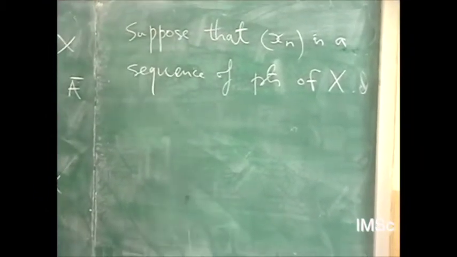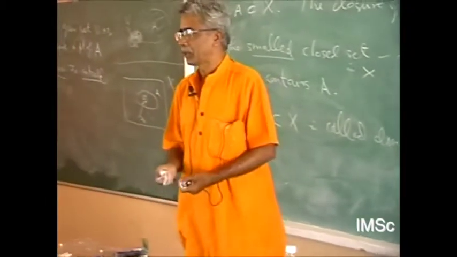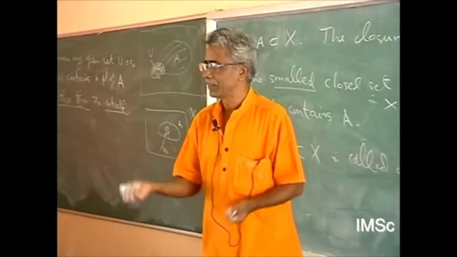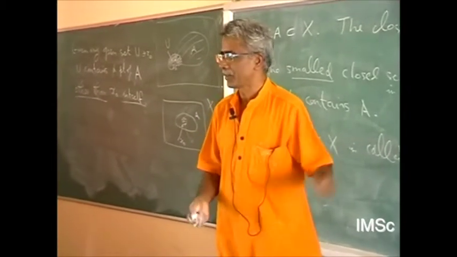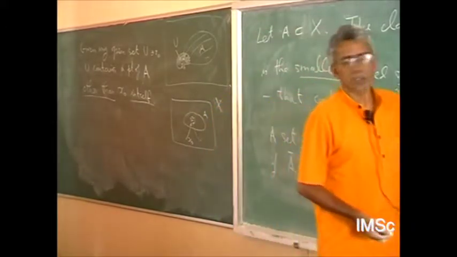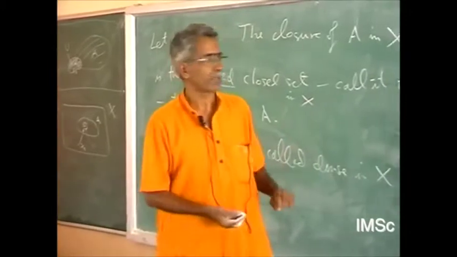In the metric space situation, we study the notion of convergence. We also study the notion of Cauchy, but in the context of topological spaces, the notion of convergence is the most natural one. So I define that.